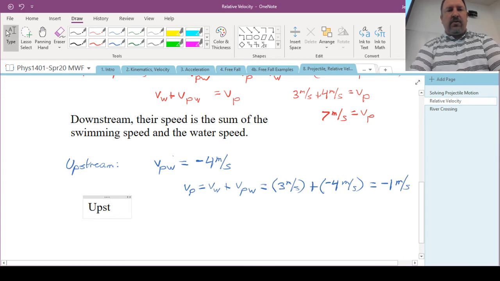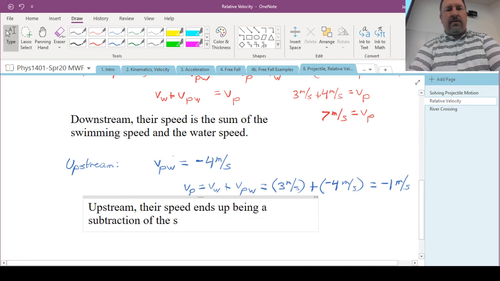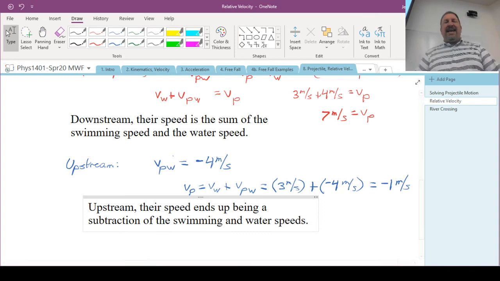So in that case, it ends up being a subtraction of the speeds. Just imagine swimming against the current, going against the flow. It's fighting you, and the way you calculate how well it fights you is by subtraction.